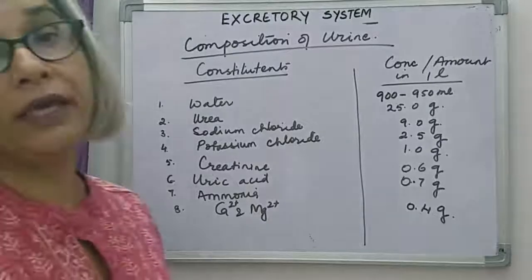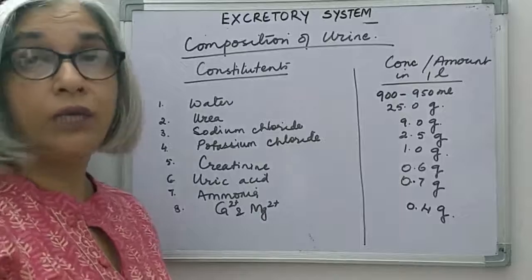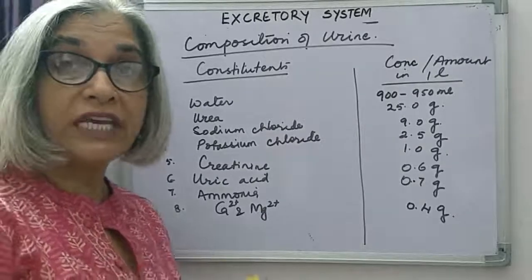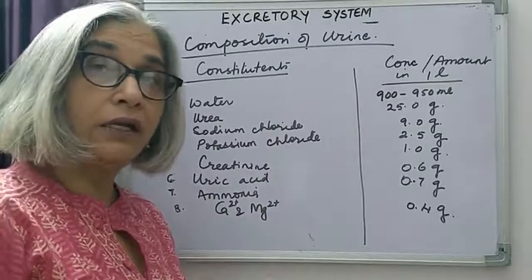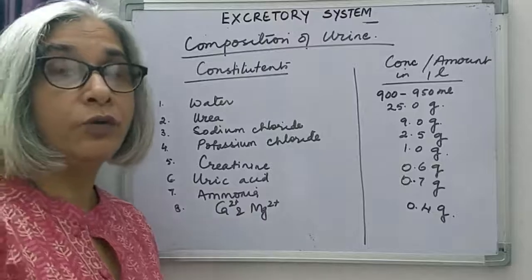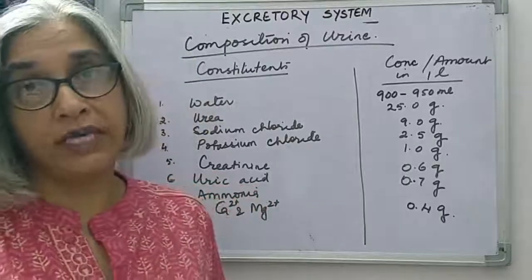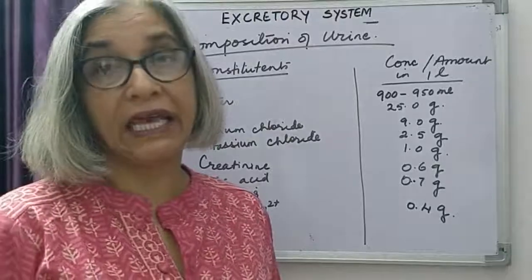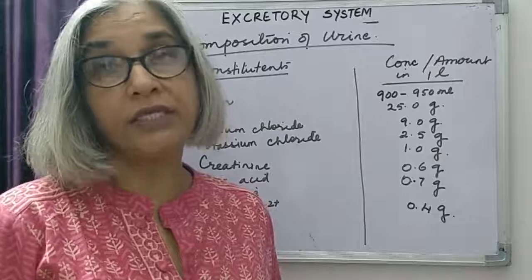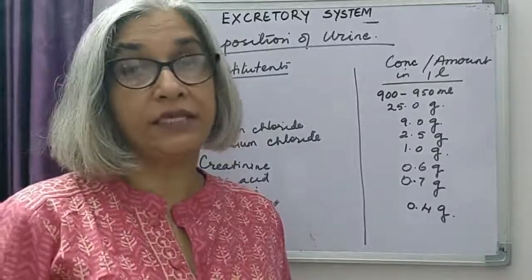Now the next topic that we are going to study: I will tell you how urine output is regulated under the influence of 2 main hormones. The first hormone is called ADH, which stands for anti-diuretic hormone. It is also called vasopressin.